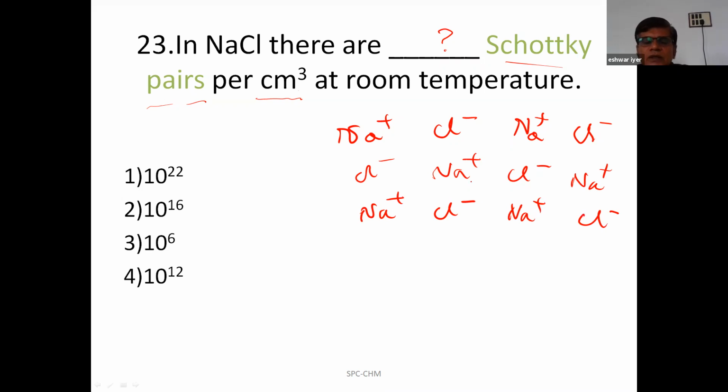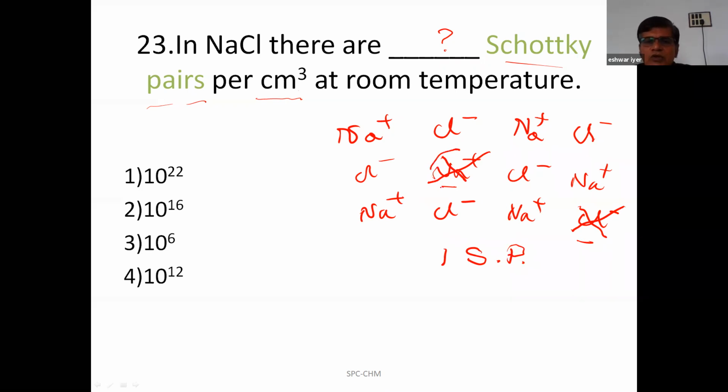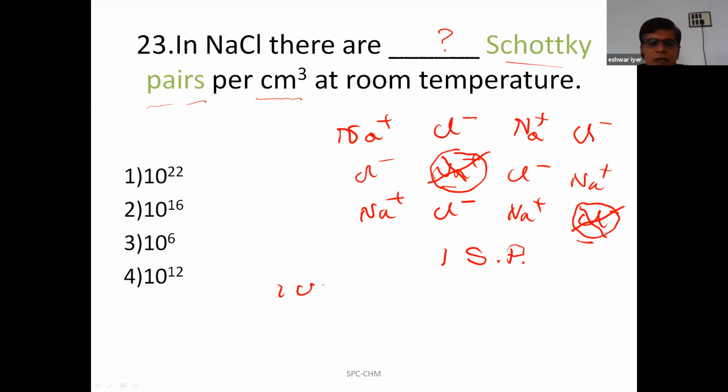So it is without defect. Suppose one cation is missing, proportionately one anion will be missing. If one cation and one anion are missing, it is called one Schottky pair. It is a Schottky defect pair. It is a void: a cationic void and an anionic void. We have to calculate how many such voids there are per cc.